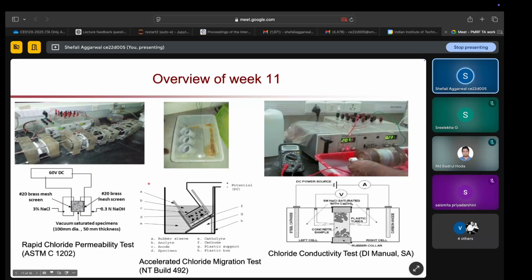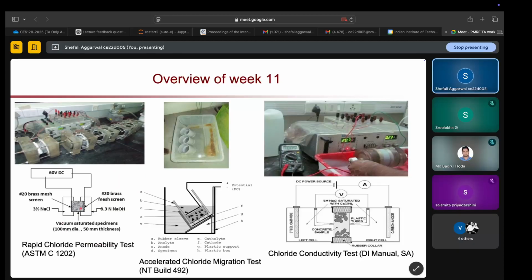A few other tests are like the rapid chloride permeability test. In that we are applying voltage, and in one cell we have sodium chloride, in the other cell we have sodium hydroxide. Your chlorides will penetrate from one end to another under the applied voltage, and we will measure the coulombs of charge passed through the system.